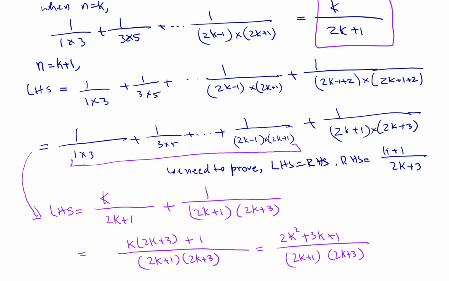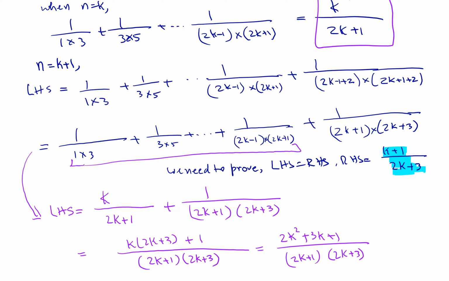Now if we look at this, the denominator has 2k plus 3 and we already have a 2k plus 3 in the denominator. We need to make the numerator equal to k plus 1, and this k plus 1 needs to disappear. That's what we have to do with some algebraic manipulation.